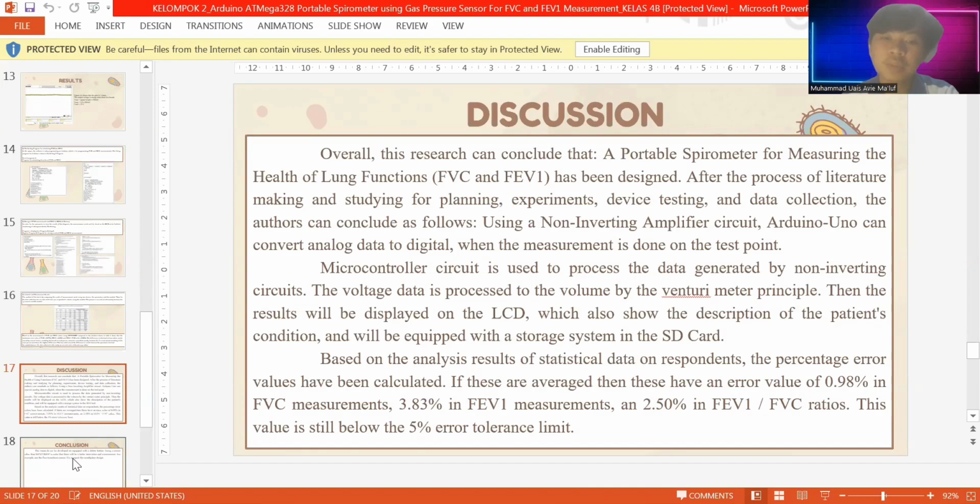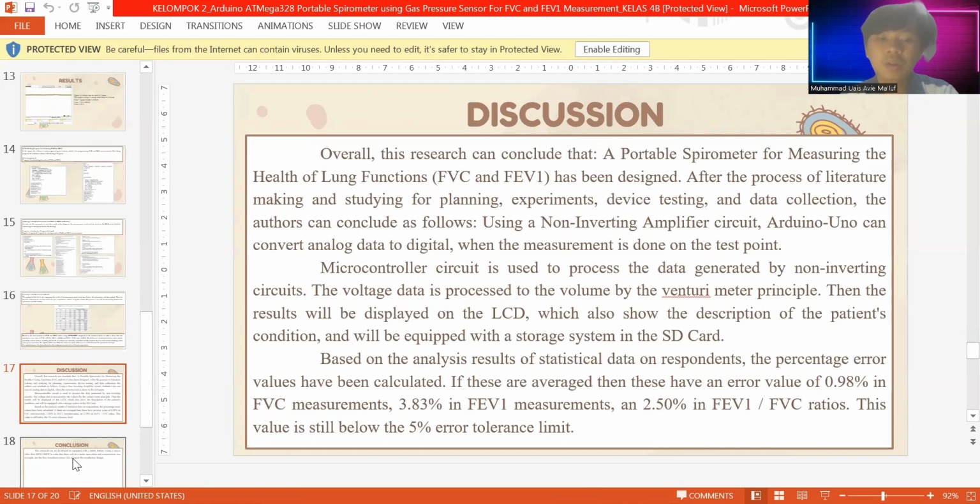The voltage data is processed to volume by the Venturi meter principle. Then the result will be displayed on the LCD, which also shows the respiration condition of the patient, and will be equipped with a storage system in the SD card.